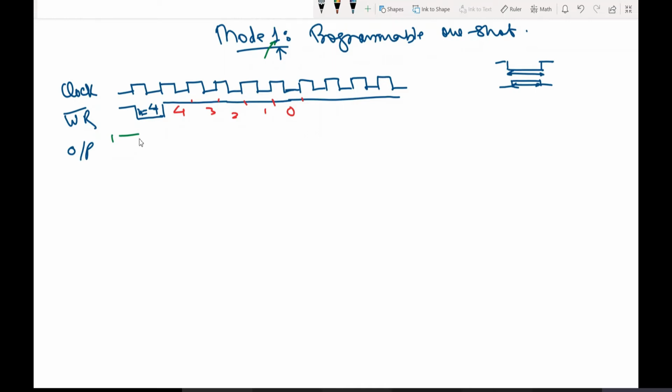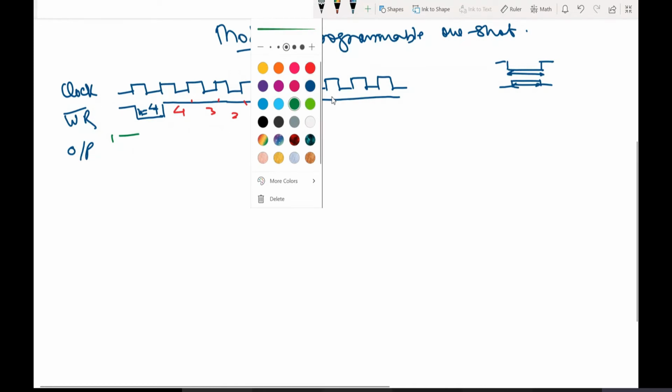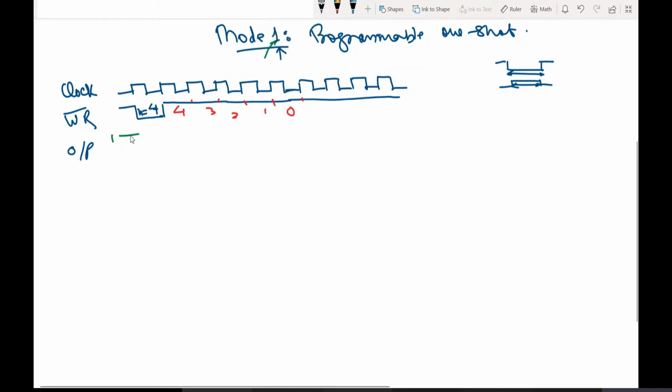Alright then, so what is going to happen here is the output waveform will be acting, initially it will be high, and it will turn itself low at this point when the count is getting loaded, and it will remain low till 0.